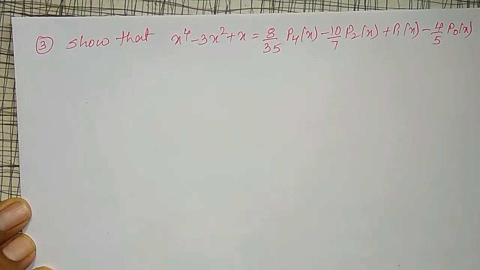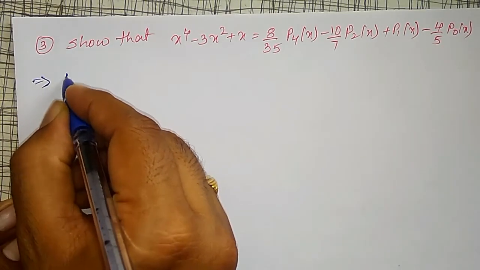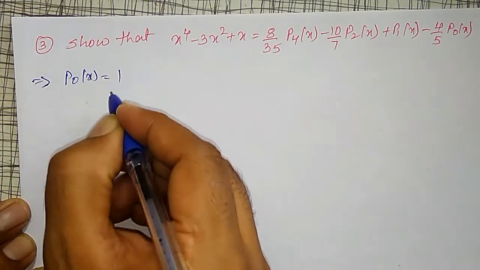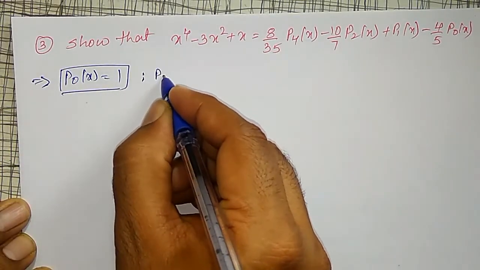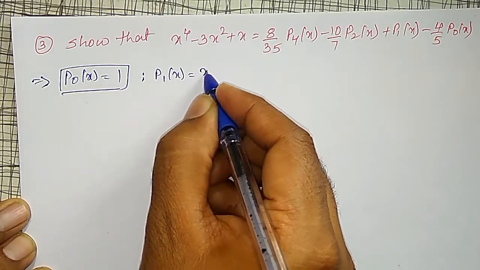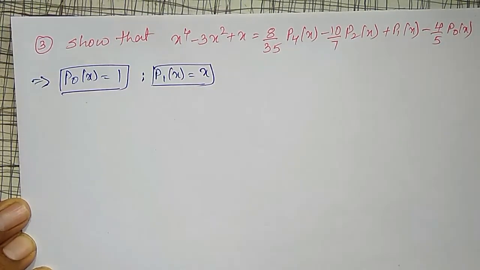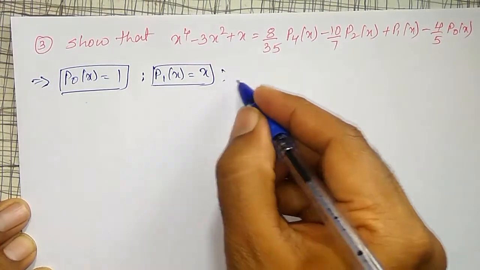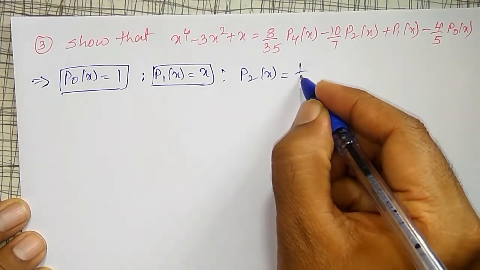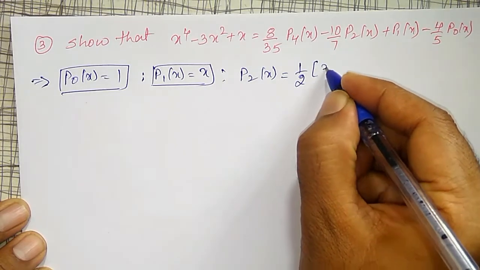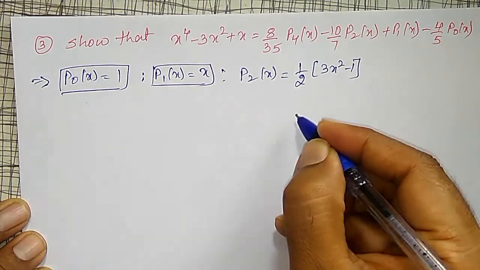For that, again, Legendre's polynomials: I know P naught of x is equal to 1, so I can replace 1 by that. P1 of x is equal to x, so x can be replaced by P1 of x. Like that, P2 of x is equal to 1 by 2 times 3x square minus 1.